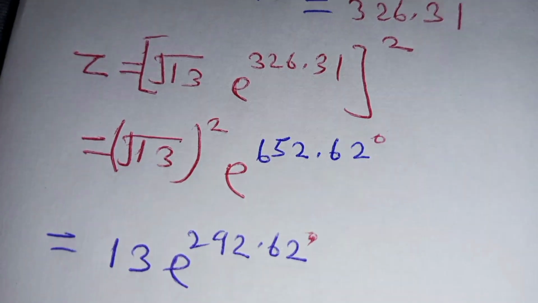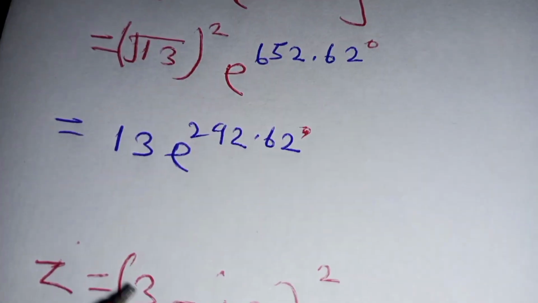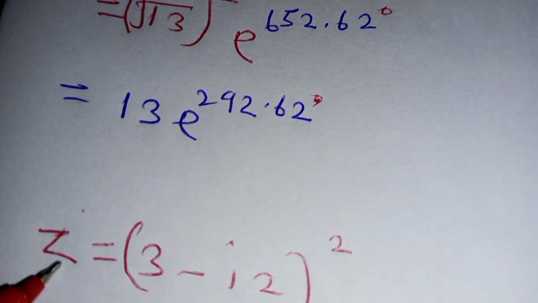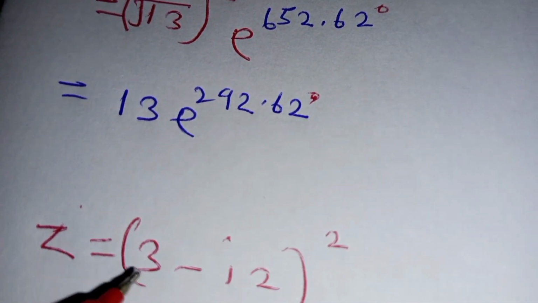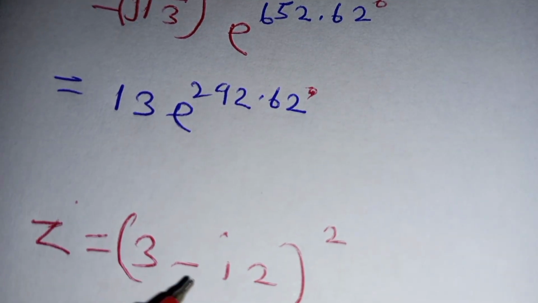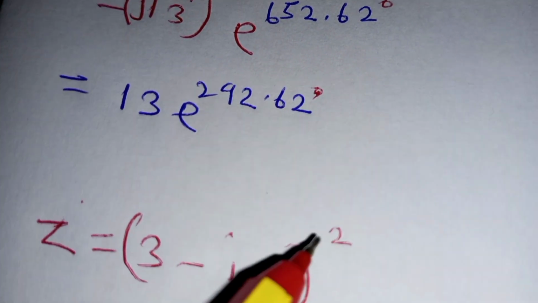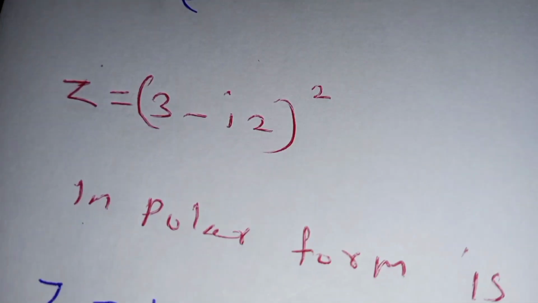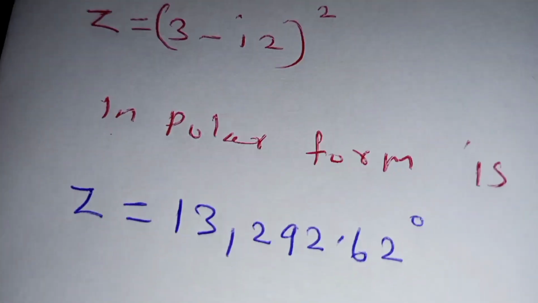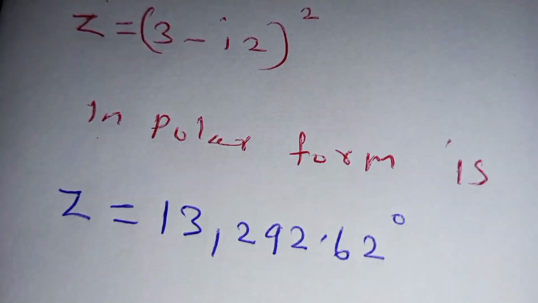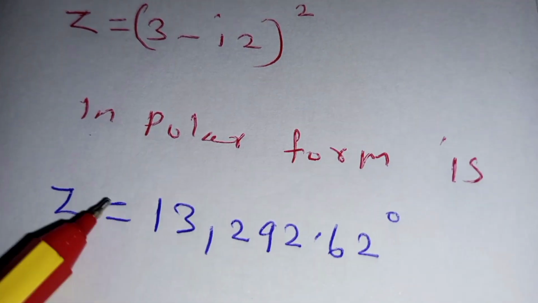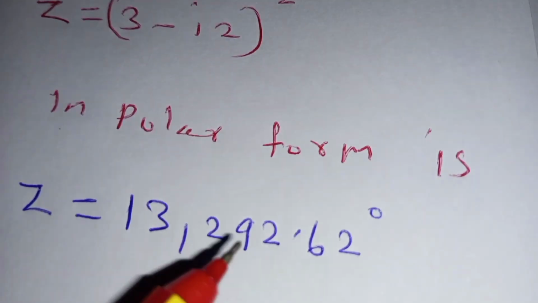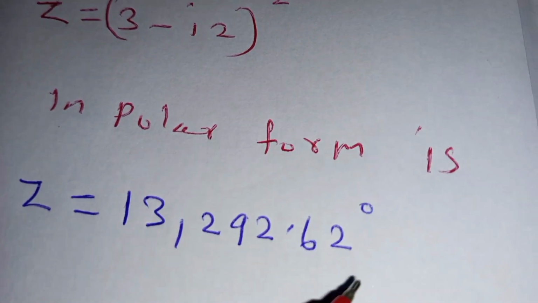So in polar form, the given complex number z is equal to bracket 3 minus 2i, bracket squared. In polar form, we are going to obtain it in this form: z is equal to 13, 292.62 degrees.